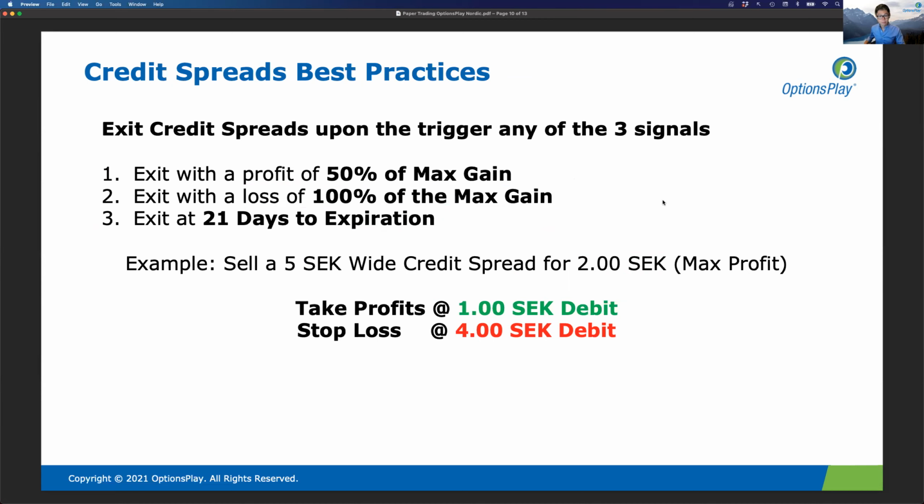So just to give you an example here, let's say you sell a 5 crown wide credit spread and you collect 2 crowns for it, right? So roughly we try to collect 1/3 of the width. Here we're collecting roughly 40% of the width because 2 crowns out of 5 crowns is 40%.